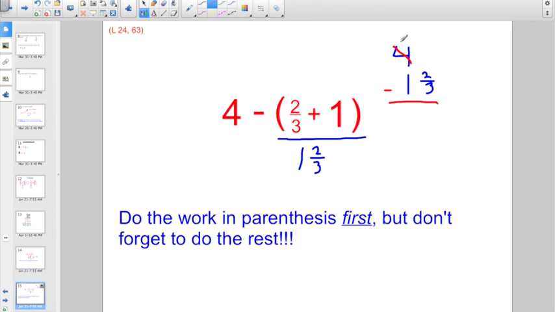I have to borrow from this 4. 4 becomes 3, and I'm going to write 1 whole on the fraction side, and I'm going to want to use a denominator of 3. So how many thirds makes up 1 whole? 3/3. 3/3 minus 2/3, that is 1/3. 3 minus 1, that is 2, for a grand total of 2 1/3.